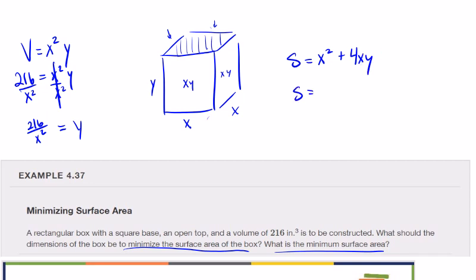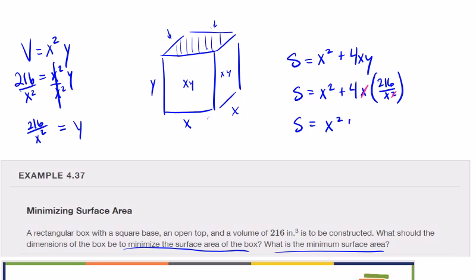So I can say s equals x squared plus 4x times 216 over x squared. So s equals x squared, and this x will cancel out with one of these, so I'll end up with 4 multiplied by 216, which is 864.